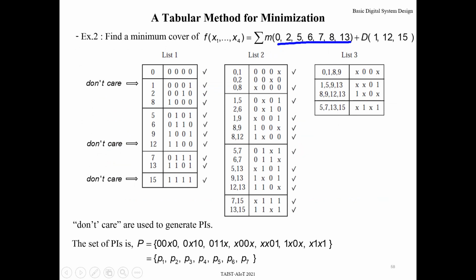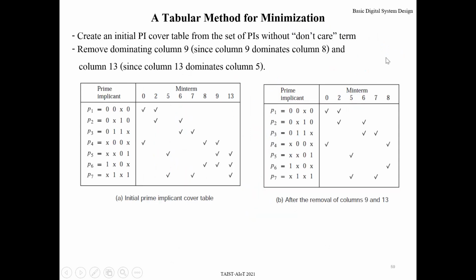Note, for this step you can ignore don't care, because the objective is that you must select minterms for which the function must be 1. But for the don't care set, it can be 1 or 0, so it is not listed in this table.